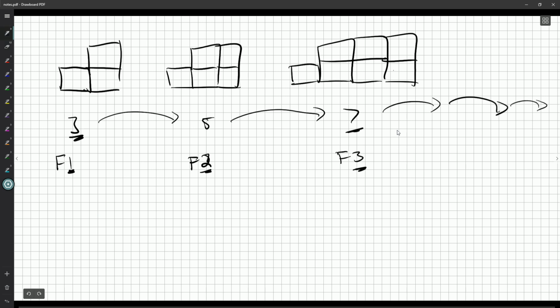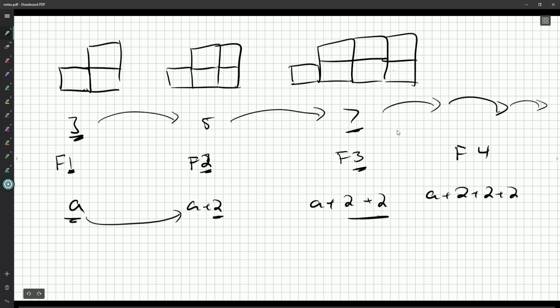We notice that we go up by 2 each time. Okay? If we call this first one A, this is A plus 2. This is A plus 2 plus 2. How many 2's are we going to need for figure 4? Well, you'll need to add on 3 2's. Why 3 2's?